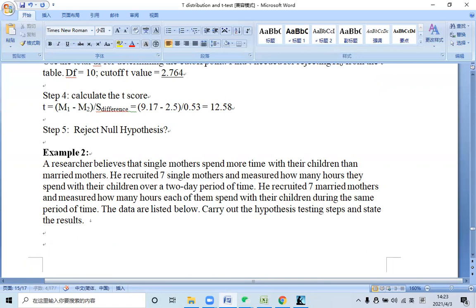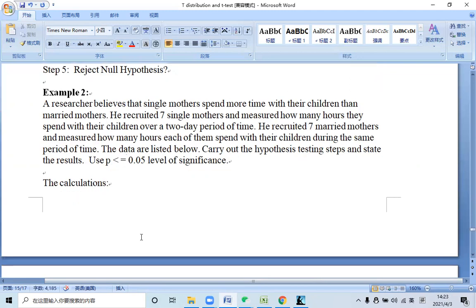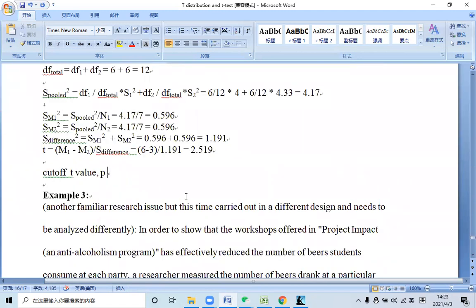Suppose we use p smaller or equal to 0.05. We need the p-value to get the cutoff. But now we need to know the degrees of freedom.